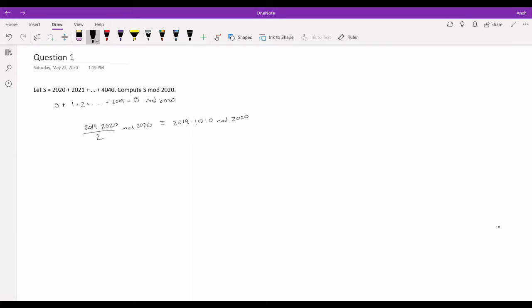But we can also rewrite 2019 as negative 1 mod 2020 because it's 1 less than 2020. So this is equal to negative 1010 mod 2020. And since negative 1010 mod 2020 is exactly half of 2020, this is the same as 1010 mod 2020. So our answer when this is divided by 2020 is 1010.